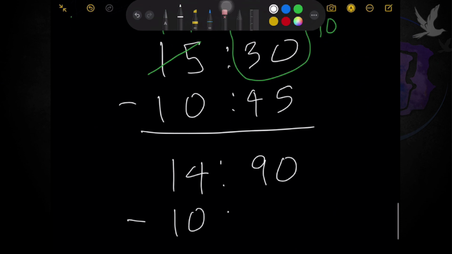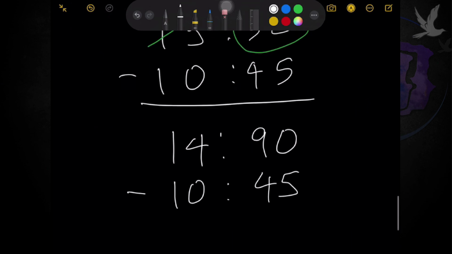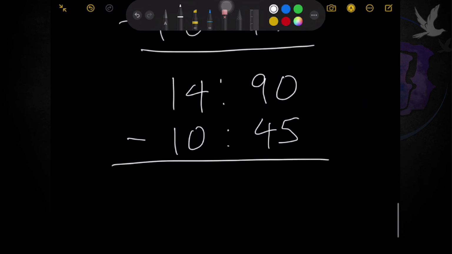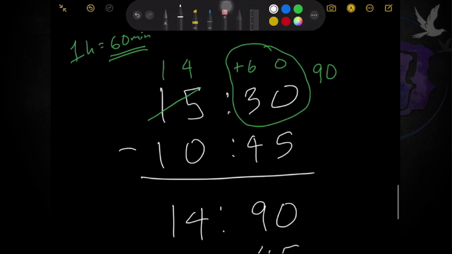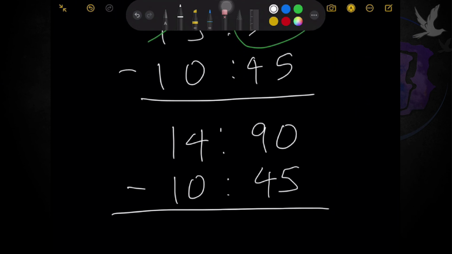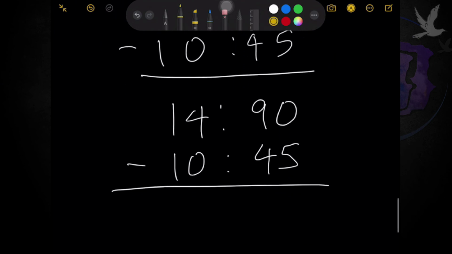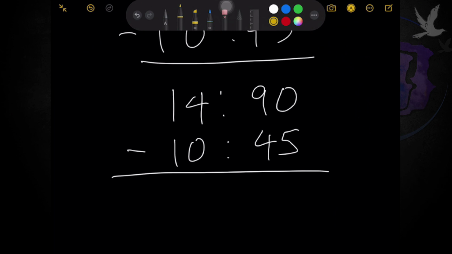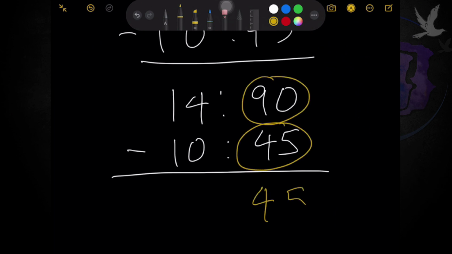minus 10:45. Again, like what I've told you, this is complicated. That's why I want you to stick with the timeline process lang of solving. So doing this, all you need to do now is to subtract. Pwede nyo na i-subtract kaagad. 90 minus 45 will give you 45. And 14 minus 10 will give you 4.